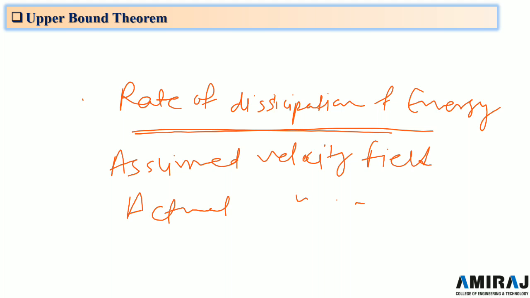For both we calculate the rate of dissipation, and the upper bound theorem says that the assumed velocity field gives a value always greater than the actual velocity field. Therefore, the die load calculated from the assumed velocity field is also always higher than that due to the actual one. So the die load will automatically be lower for the actual velocity field.